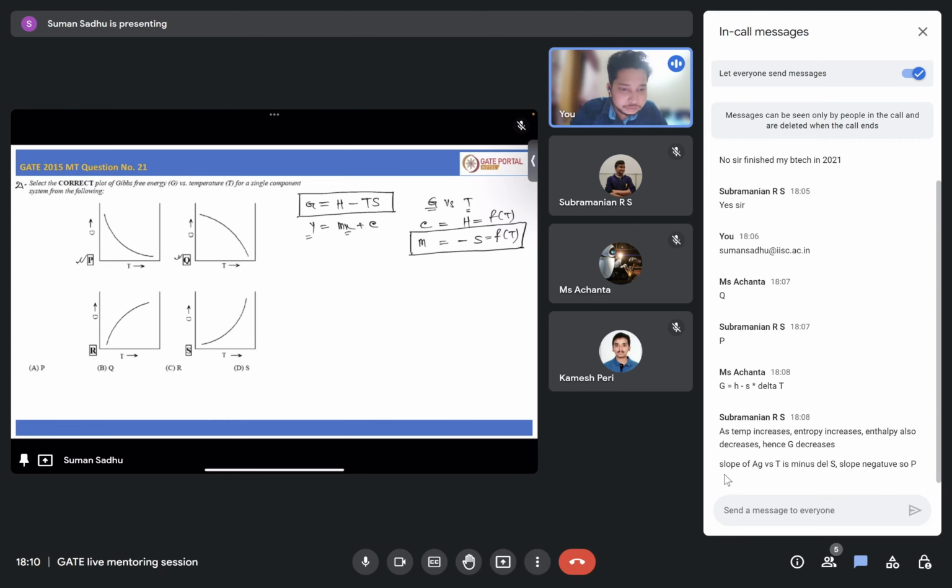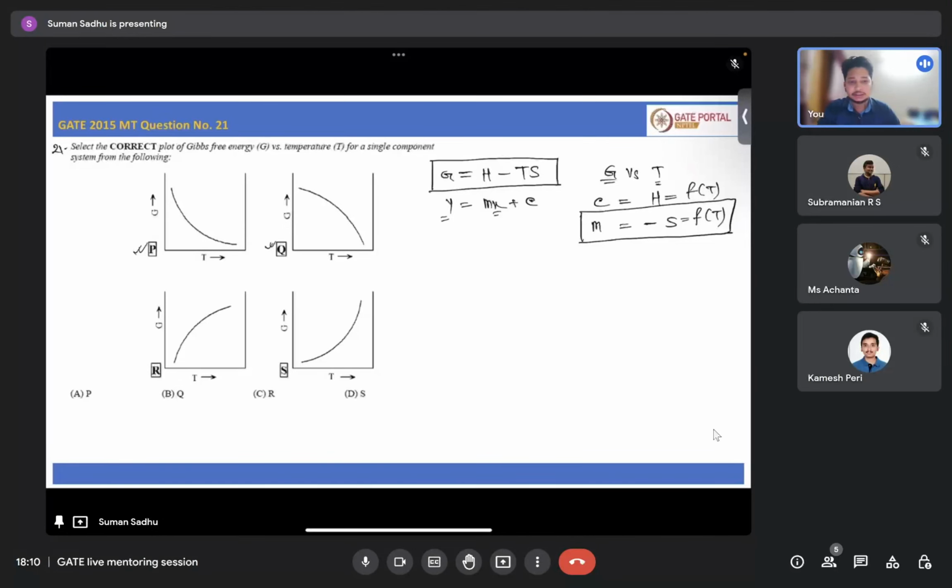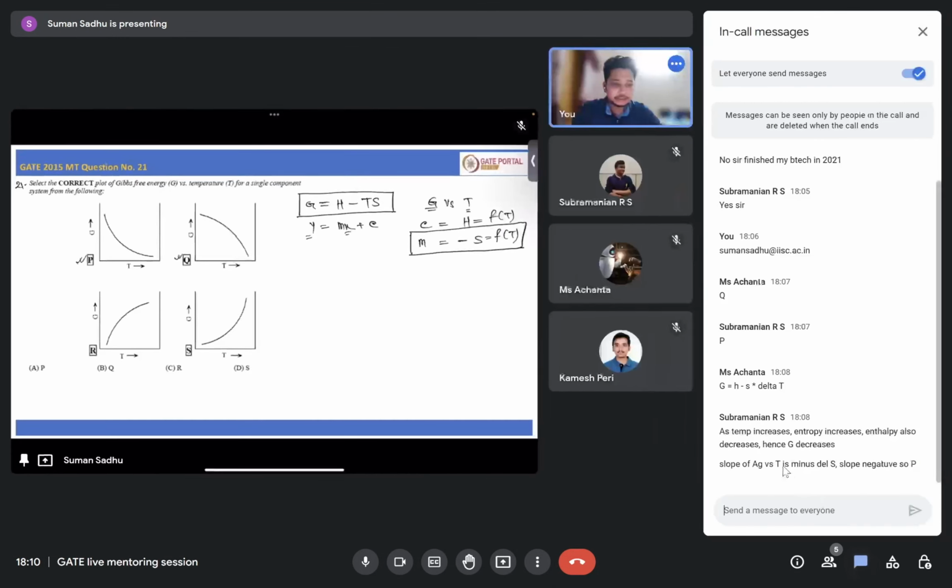What you people explained, that G will be decreasing as the slope is negative, is correct. But why P, why not Q, and why Q, why not P? Can you explain that part also?